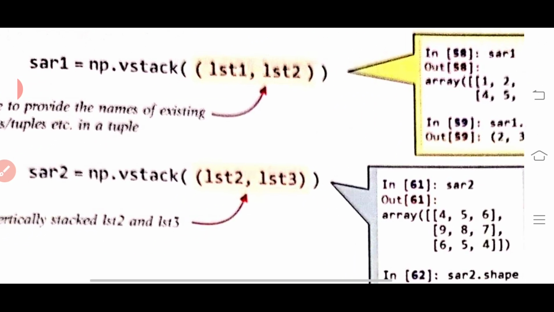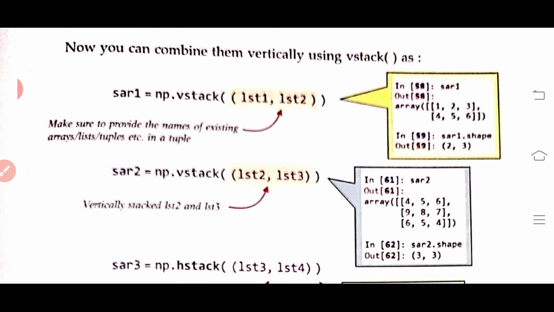Very good. Now SAR2 is np.vstack, again LST2 comma LST3. What is the meaning of this line? Just add or join elements of LST3 down to the elements of LST2 and keep the resultant array in SAR2.